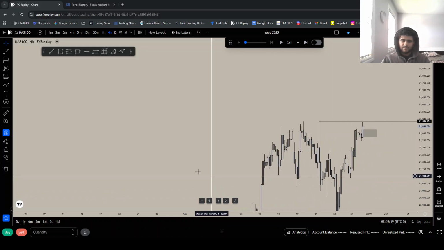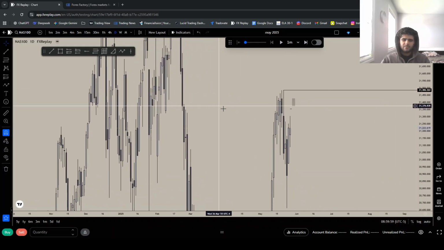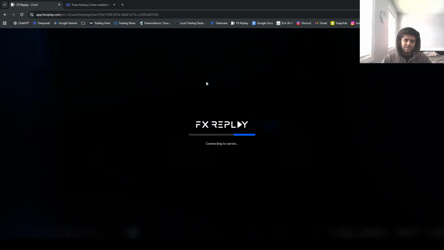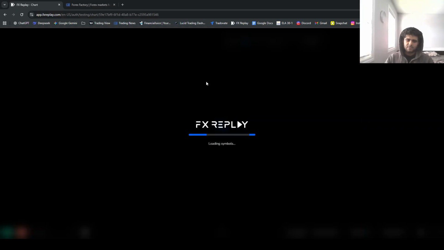Why is my thing bugging out? I gotta refresh this. But every time I've taken a long like that, once we take out the ideal target, and I still try to force the trade, I've always lost those kinds of trades.